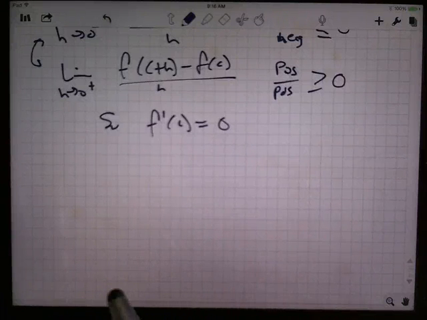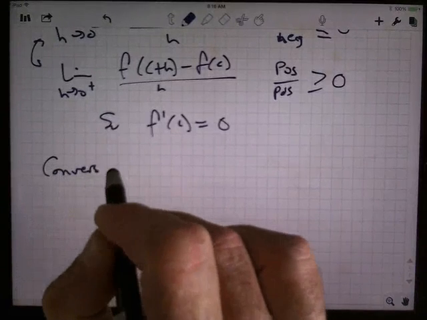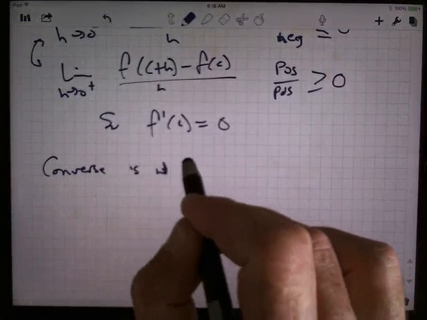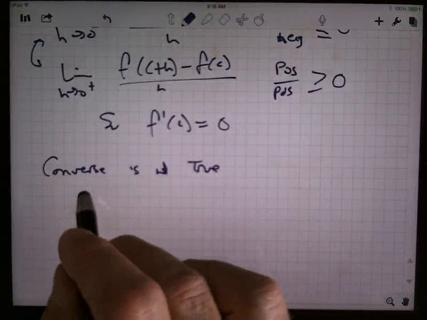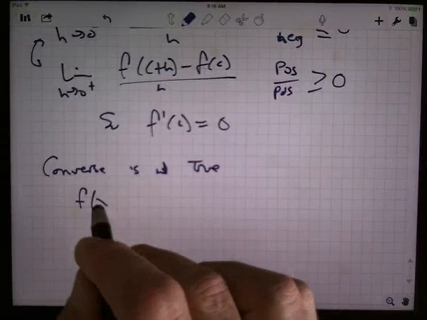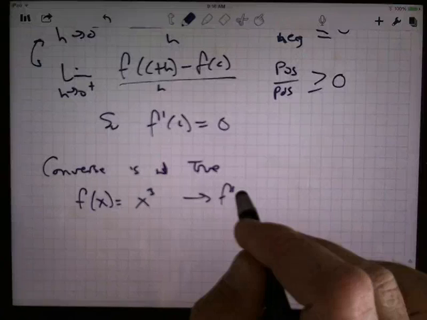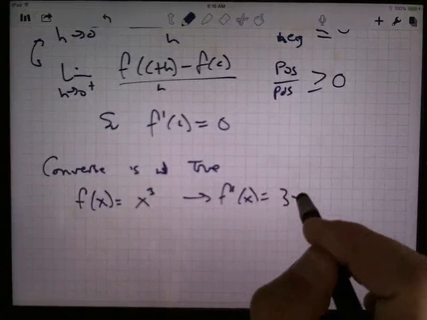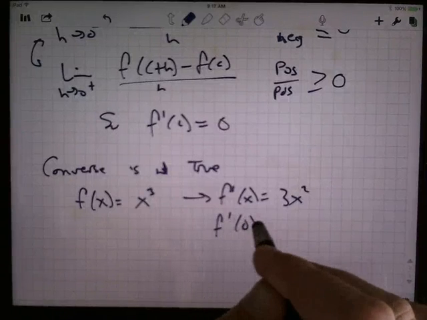Now notice the converse is not true. Here's two examples. Look at f of x equals x cubed. Right? If I take the derivative, 3x squared, I notice that at x equals 0, f prime of 0 equals 0.